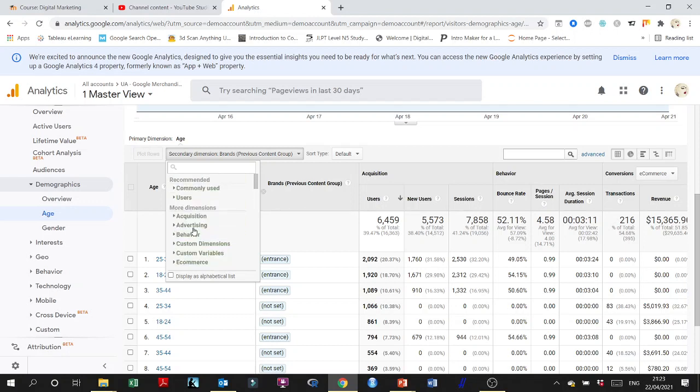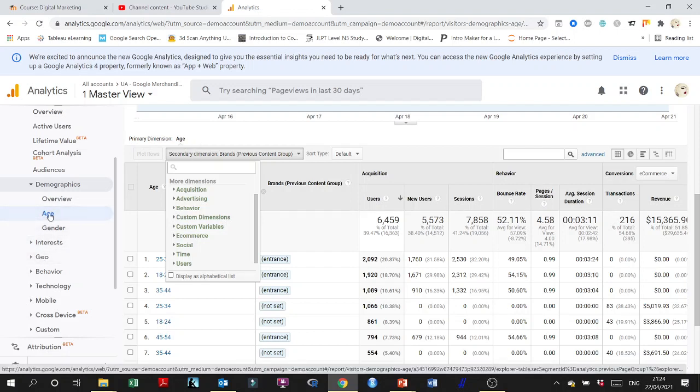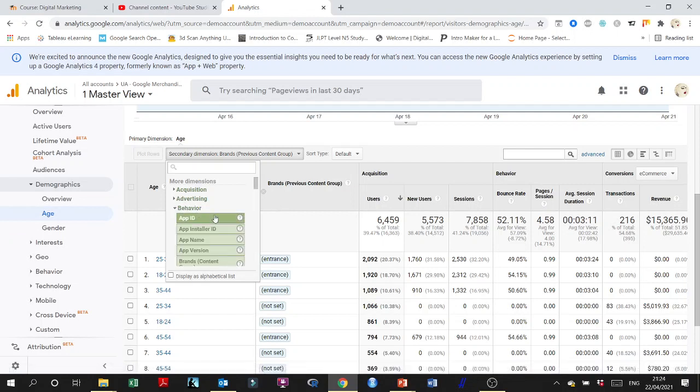I just want you to focus on demographics, behavior, and social. I'm also interested in knowing a little bit of the social measures. So again, social, behavior, and demographics that we're already landing on. For example, here you can take a look at different behaviors, brands, as I showed you earlier.